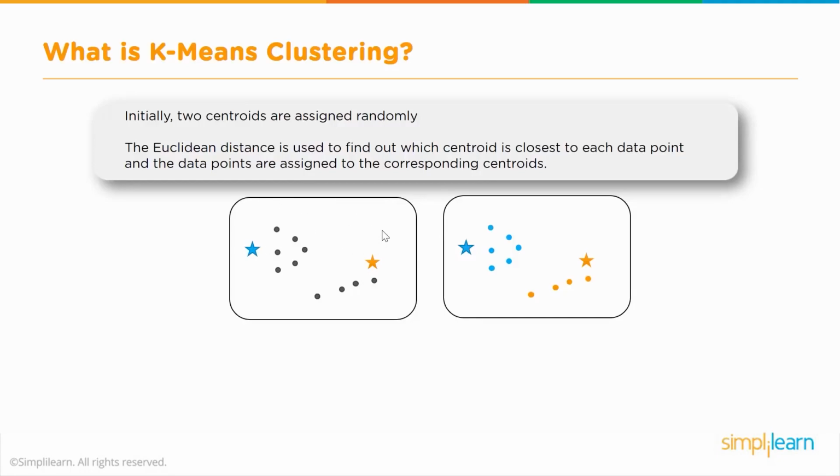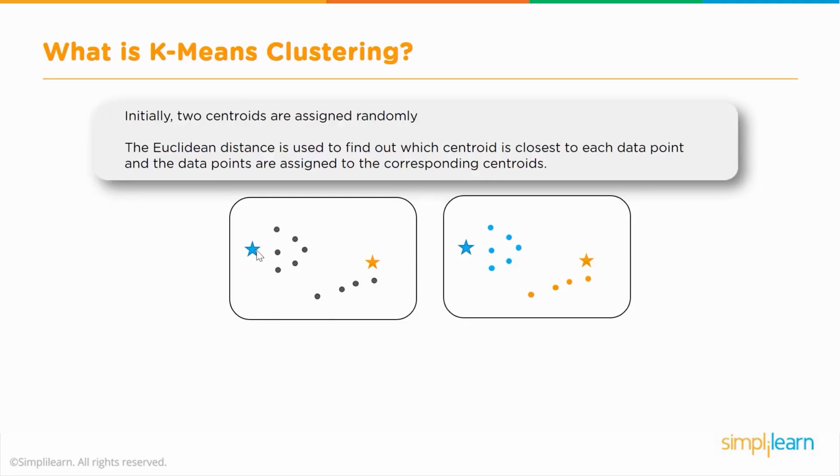The next step is to determine the distance of each of the data points from each of the randomly assigned centroids. So for example, we take this point and find the distance from this centroid and the distance from this centroid. This point is taken, and the distance is found from this centroid and this, and so on and so forth.